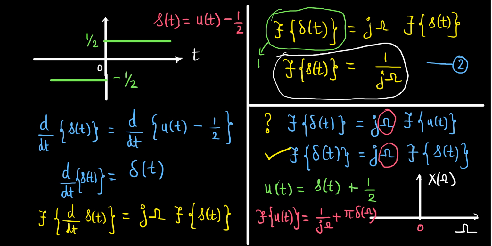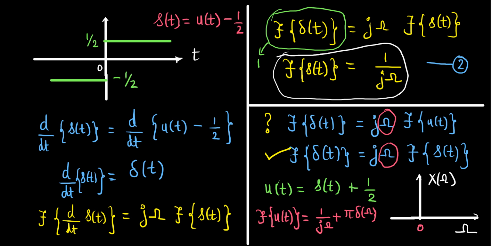Now this appears to be correct, because there is some value present at omega equals 0. You can see that this value here, I'm having some component present at omega equals 0, and that component is nothing but a delta function or an impulse.